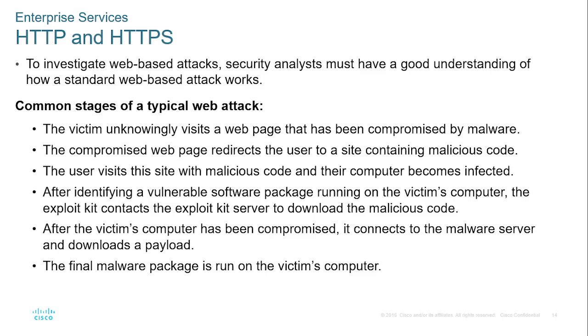So we had 300, which meant redirection, and then we have 400, which means the resource was not found, and then 500, which basically means that we have a server error.